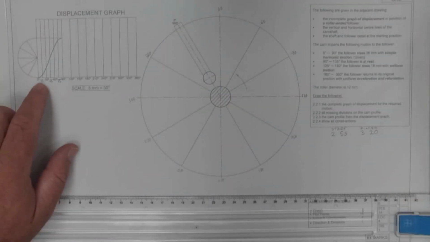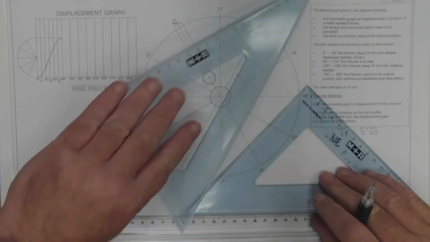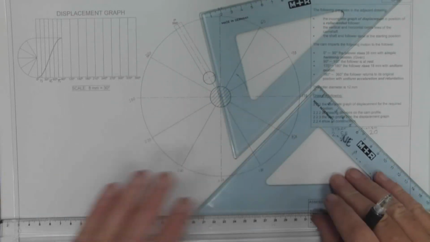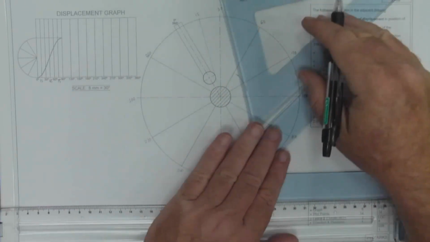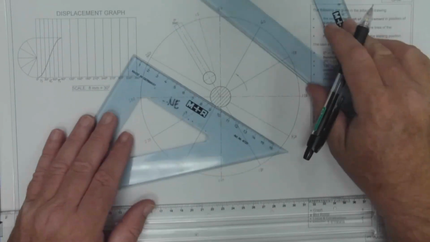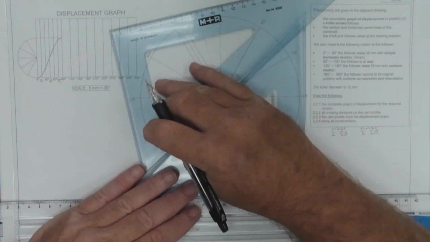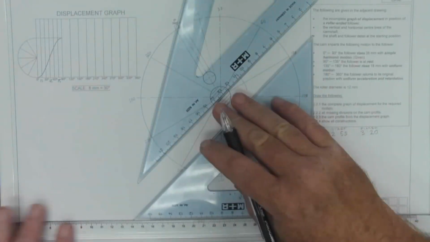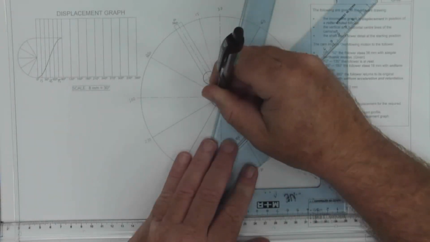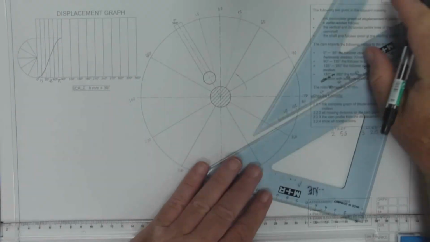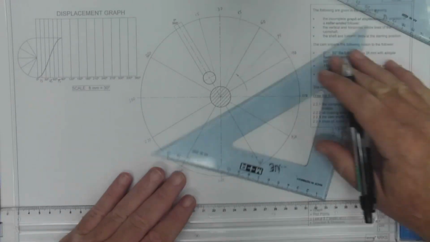The extra divisions we're going to have to put in will be 15, 45 and 75. Okay, so there are my extra divisions put in there.